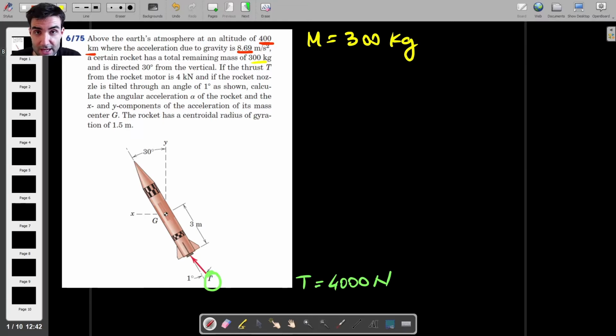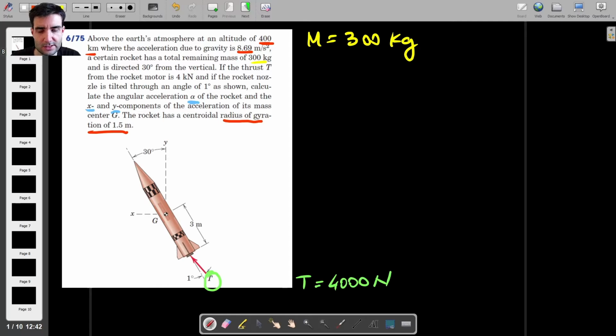We have to find the x and y components of the acceleration of the center of mass. And then we're also asked to find the angular acceleration alpha, right? And we're also given the fact that the radius of gyration is 1.5 meters.